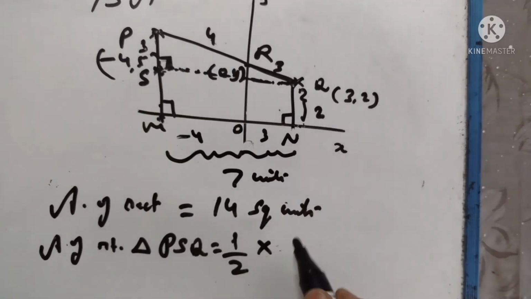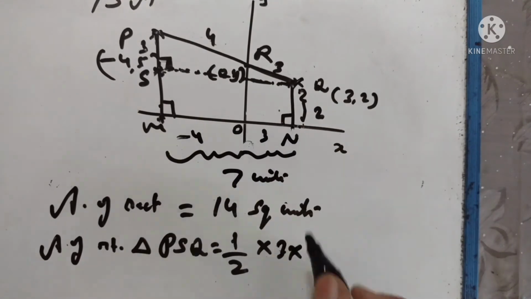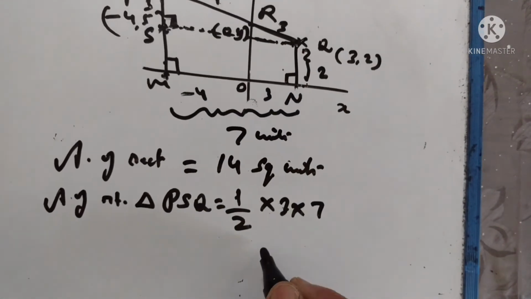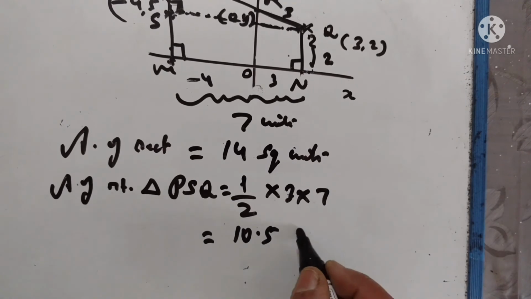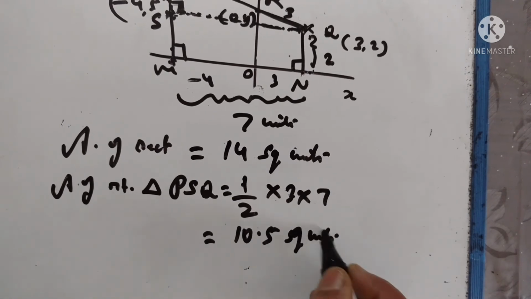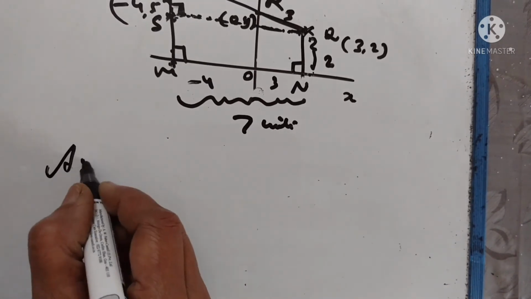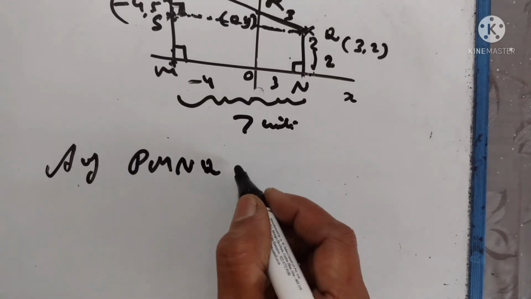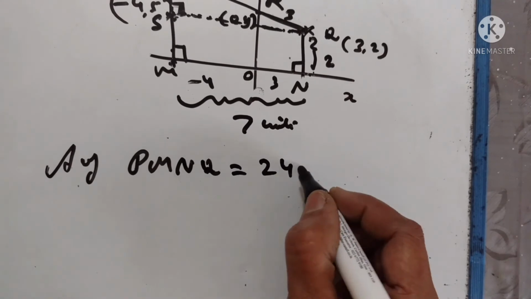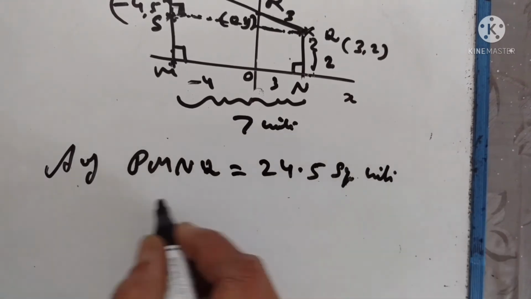This side is equal to 3 and this side is equal to 7. 21 upon 2, 10.5 square units. So 14 square units plus 10.5 square units. So the area of quadrilateral PMNQ is equal to 24.5 square units.